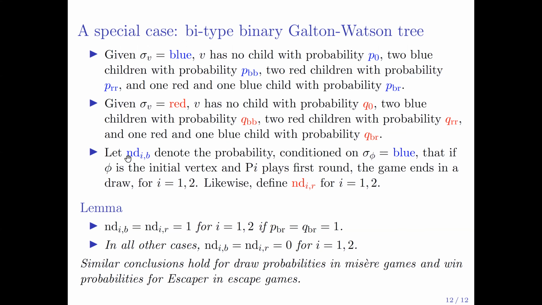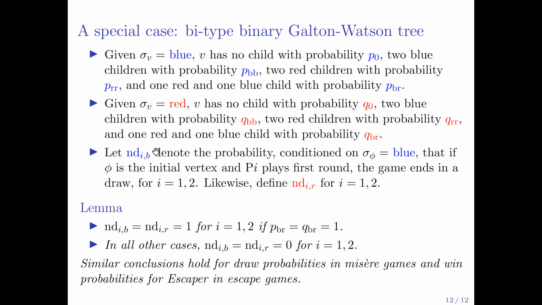And so small ndiB is the probability that, conditioned on the initial vertex, let's say the root, being blue, if Pi plays the first round, then the game ends in a draw. Likewise, you define ndiR, R indicating that the root is red.